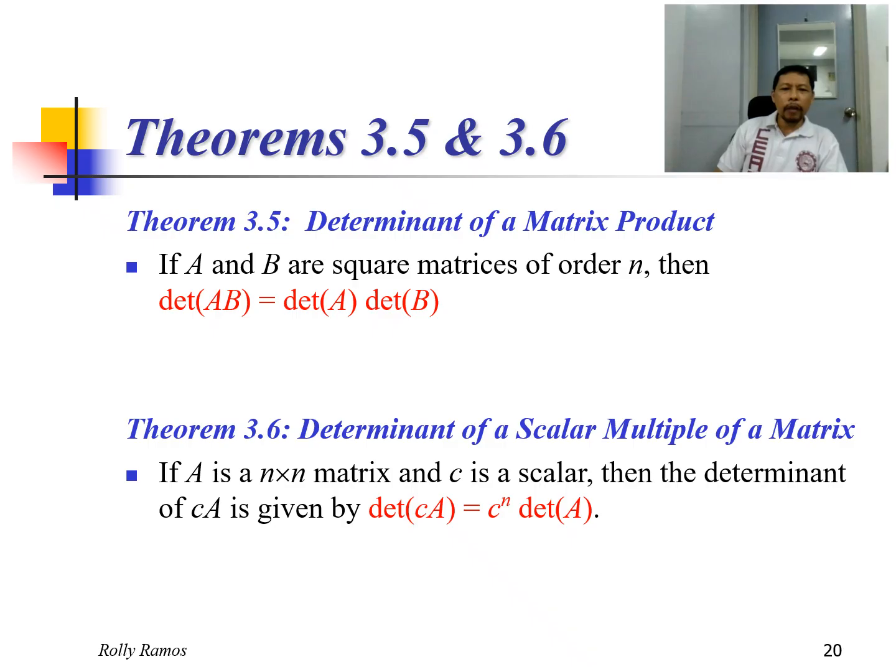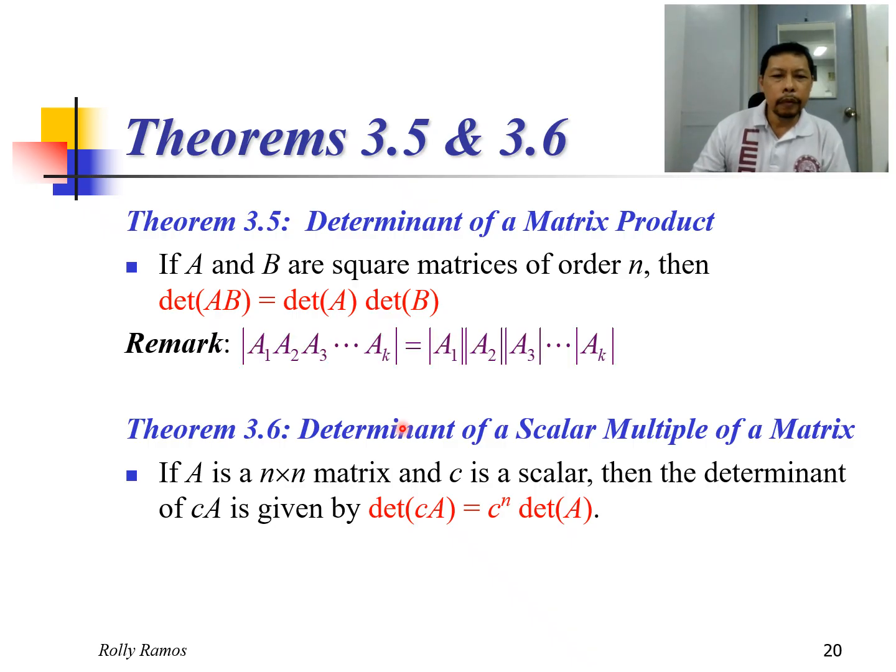Okay, which gives us this theorem 3.5. If A and B are square matrices of order n, then the determinant of the product AB is equal to the determinant of A times the determinant of B. So we have shown the proof of this theorem in the previous example.